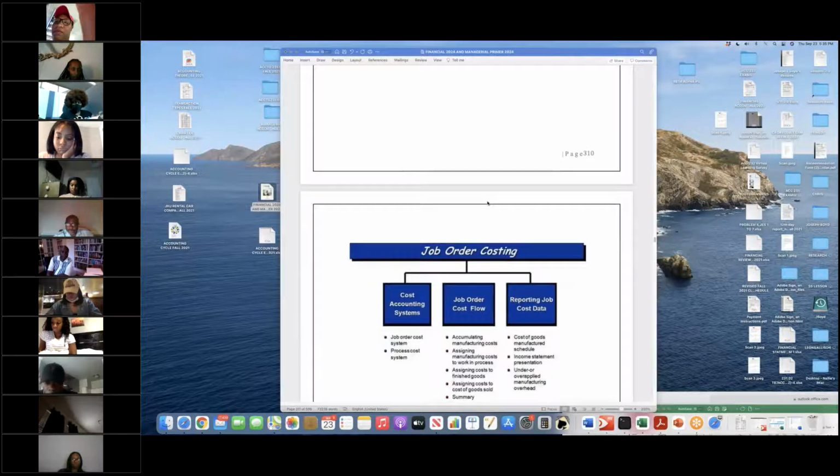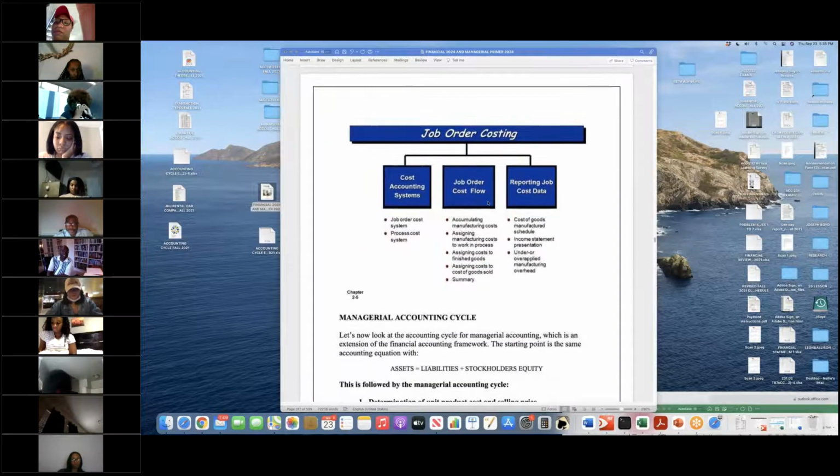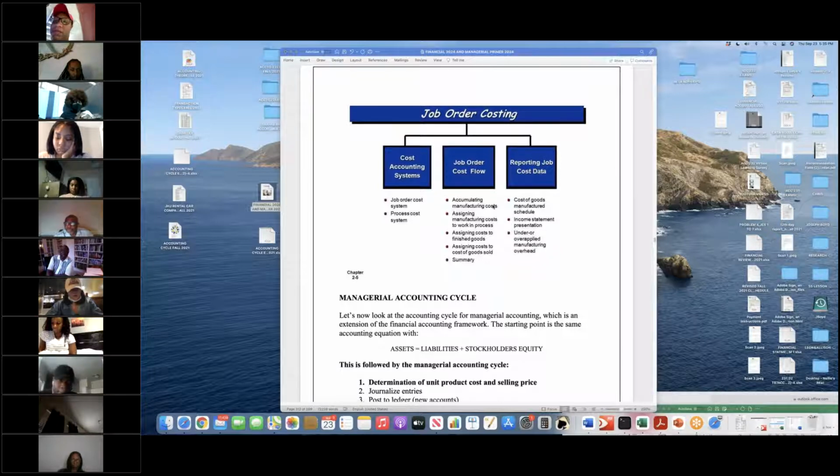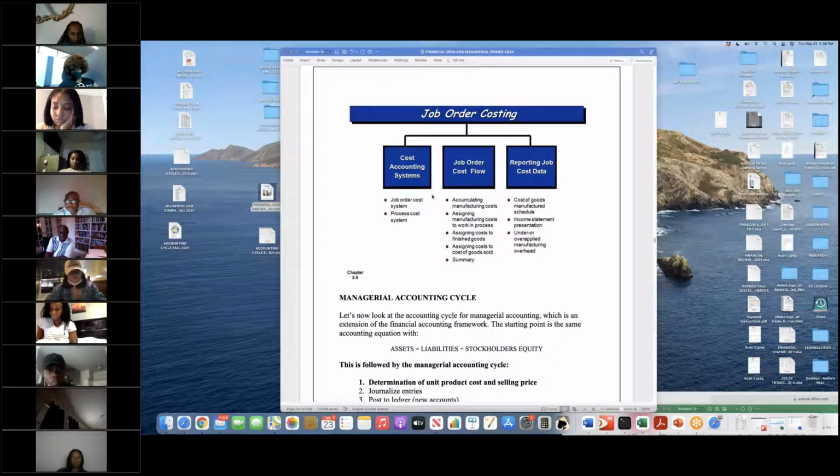Job order costing. As we get into managerial accounting, different from financial accounting, where in financial accounting we looked at a service business, and then we looked at a merchandising company that bought inventory and sell it.